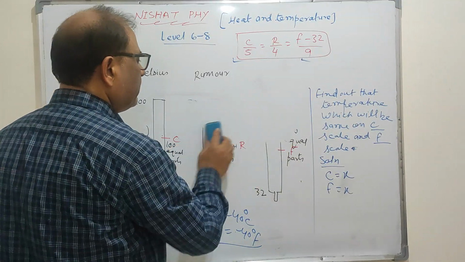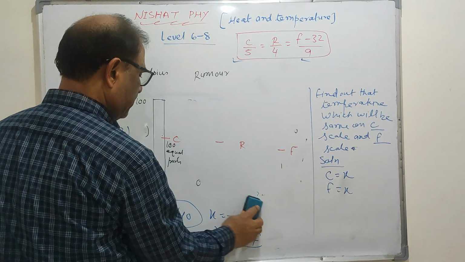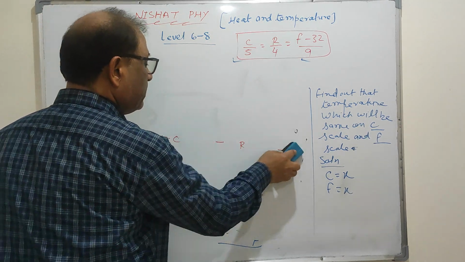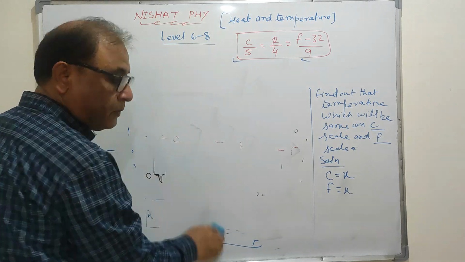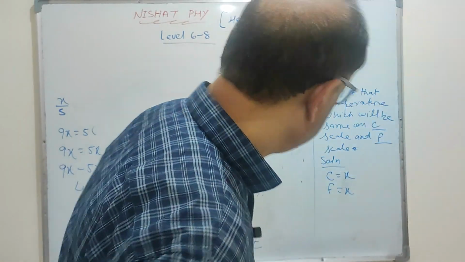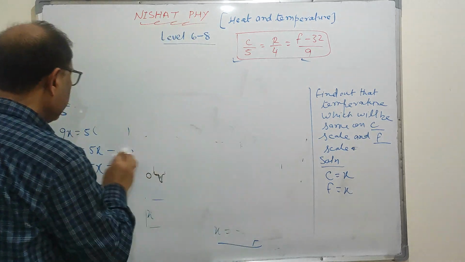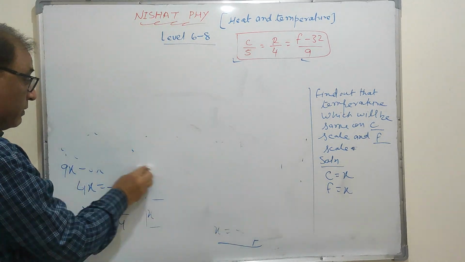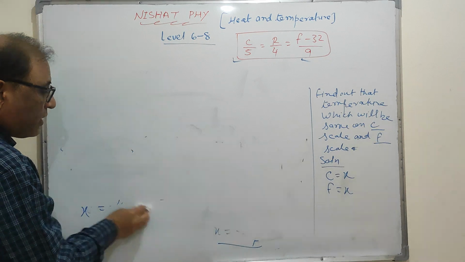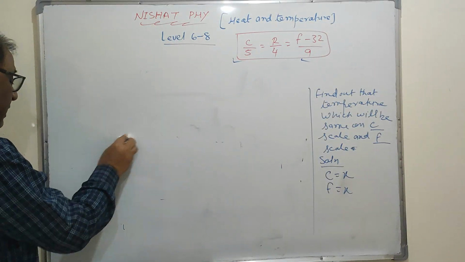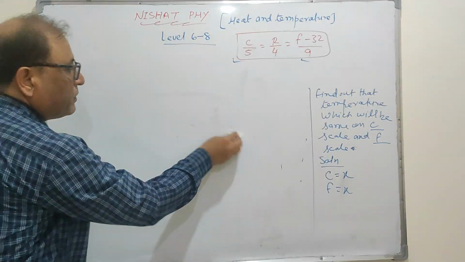Just wait a moment. Generally, we compare Celsius with Kelvin. So whatever value is given, if Fahrenheit is given, convert into Celsius, and from Celsius to Kelvin.